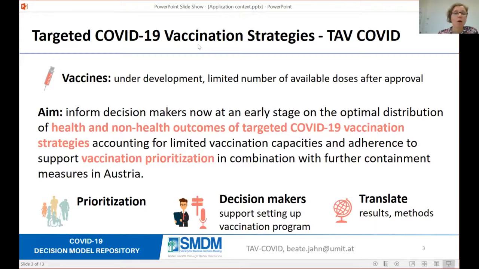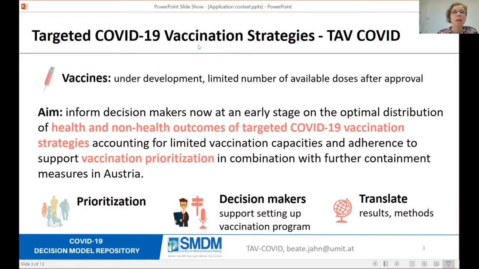So the aim of our project is to inform decision makers now at an early stage on the optimal distribution of health and non-health outcomes of targeted COVID-19 vaccination strategies, accounting for limited vaccination capacities and adherence, to support vaccination prioritization in combination with further containment measures in Austria.